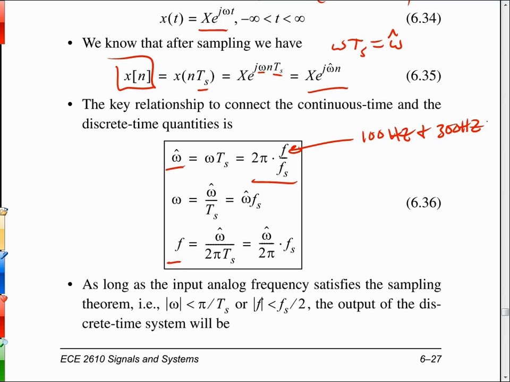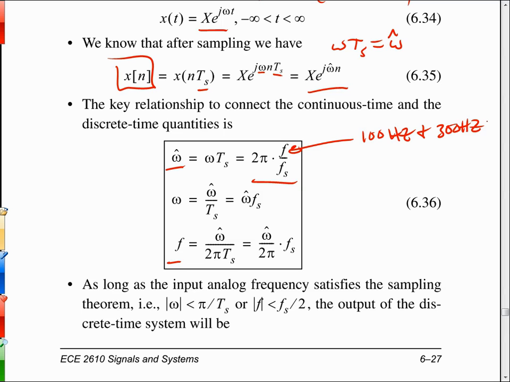So crank out those two omega hat values, 100 over 1,000 times 2 pi and 300 over 1,000 times 2 pi. And then evaluate the digital filter's frequency response using those omega hat values. And then apply those to those cosine waves at those frequencies. And then we're basically done.